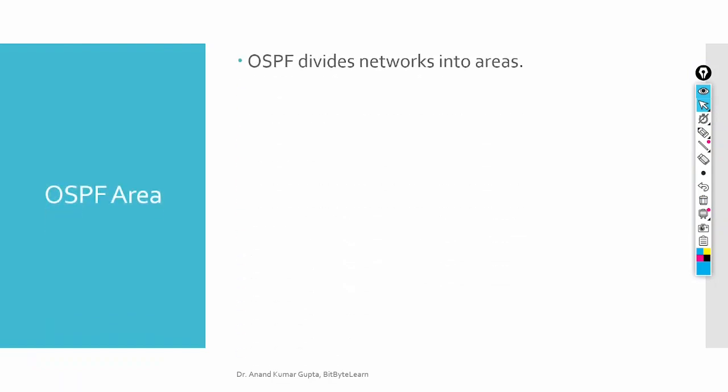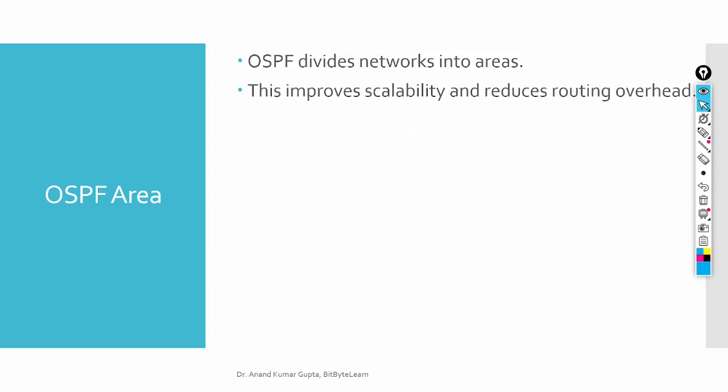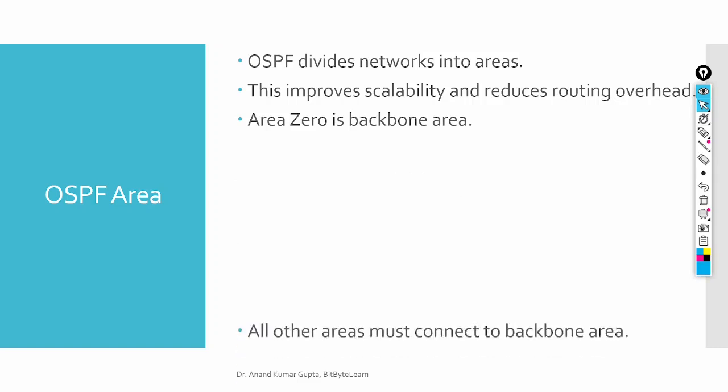OSPF divides a large network into areas. Why do they divide into areas? Just to improve scalability and reduce routing overhead on the routers. Always consider area 0 as the backbone, which is the area that connects all other areas in an OSPF network.